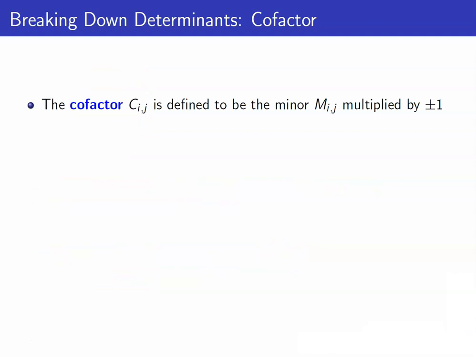Another term that we have to discuss would be cofactors. The cofactor is just the minor multiplied by either plus or minus 1. How do we determine which one to use, whether it's plus 1 or minus 1? It will be determined by the position ij. To be more specific, Cij is equal to negative 1 raised to i plus j times your minor Mij.